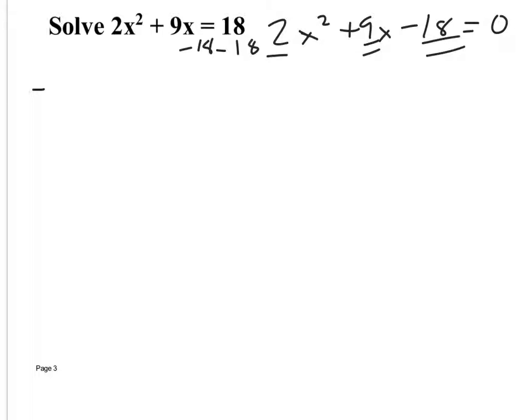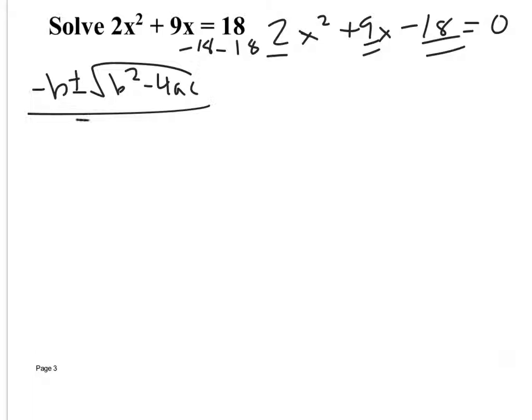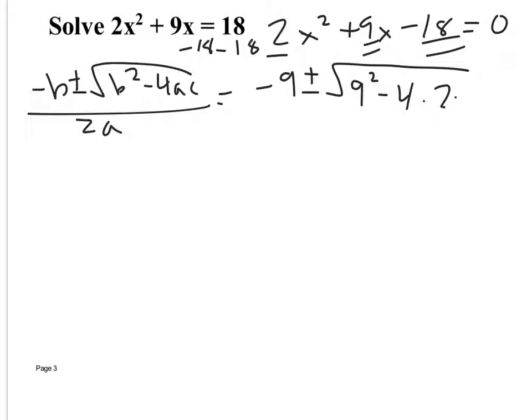Plug them into negative b plus or minus the square root of b squared minus 4ac, all over 2a. So negative 9 plus or minus the square root of b squared, b is 9, so 9 squared, minus 4 times 2, because that's what a is, times c, which is negative 18, all over 2 times a, which is 2.